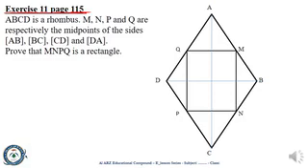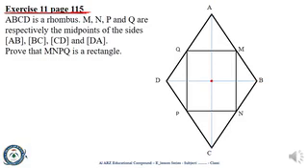Now let's talk about the given a bit. First of all, we know that ABCD is a rhombus. That means it has 4 equal sides and perpendicular diagonals, and we know that the diagonals bisect each other at the center of the rhombus ABCD, right guys?